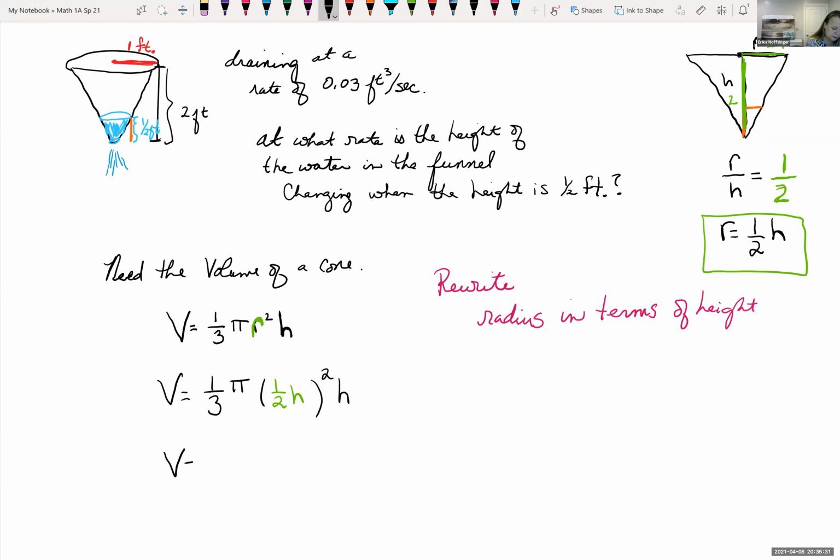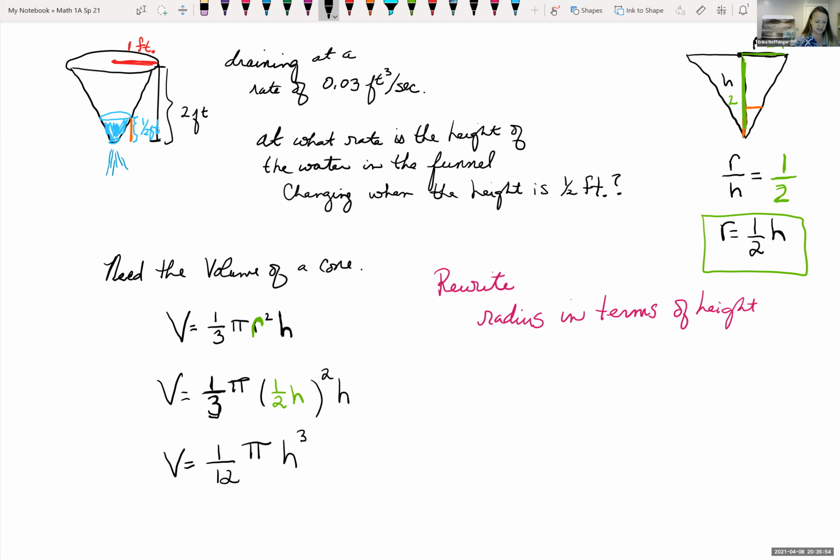If I square 1/2, I get 1/4. 1/4 times this 1/3 out here would be 1/12. I still have this pi. And then I would have an H squared times an H, so that would be an H cubed.